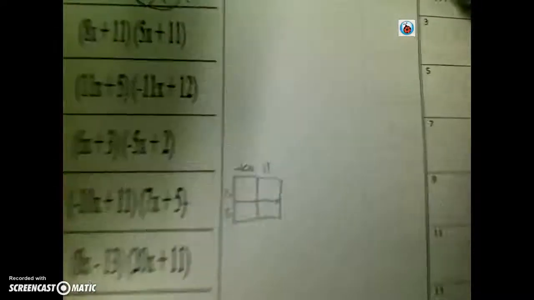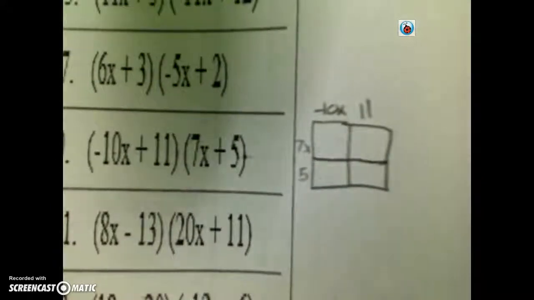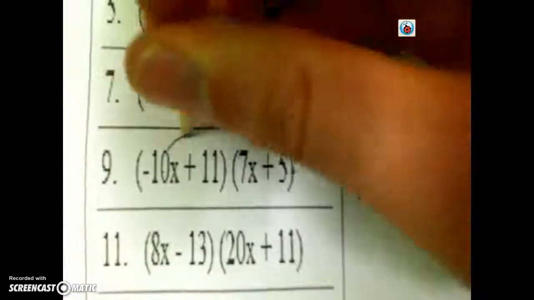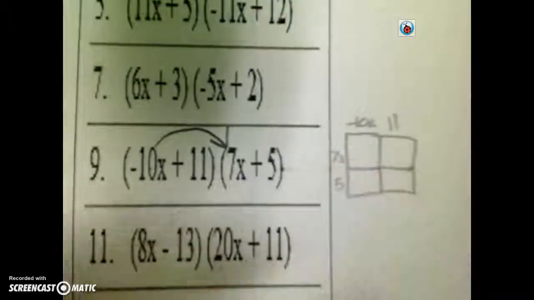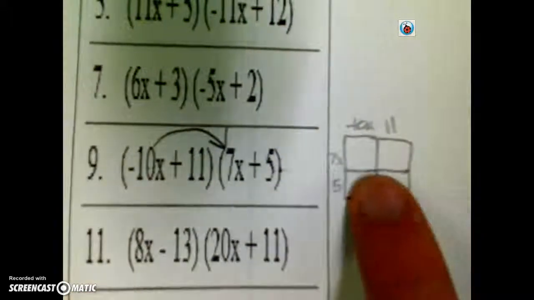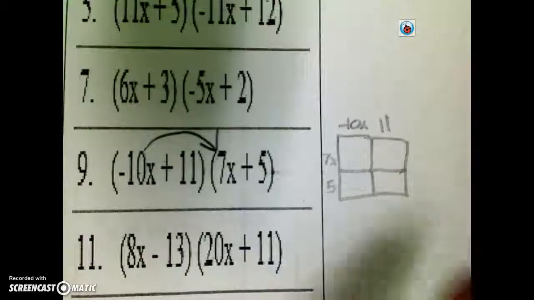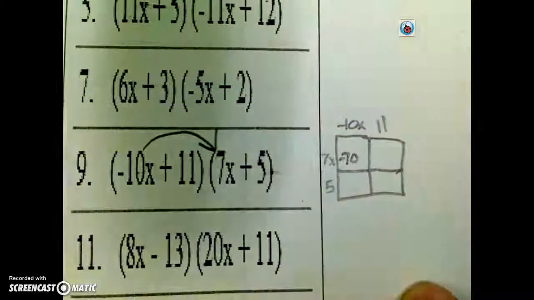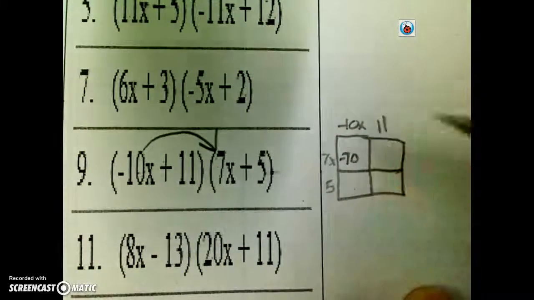Now what's going to be happening inside the box is we're just going to multiply. So the negative 10x times the 7x right here in our box. What that's going to give me is we multiply, we get a negative 70, and then I have an x times an x.